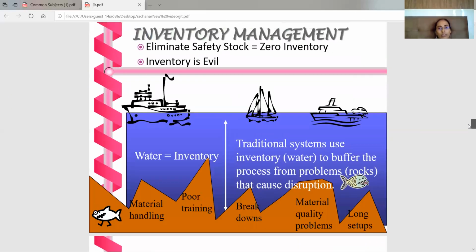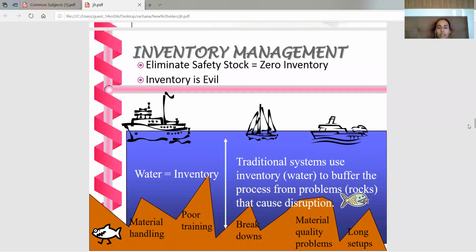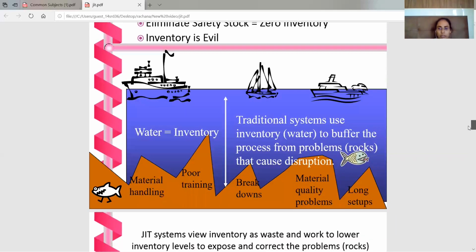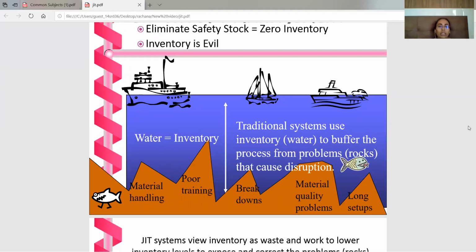The next principle is inventory management. In traditional inventory management, we kept inventory in sufficient amount. In this diagram you will see that problems are considered as the rocks at the bottom of the sea, and inventory creates the water level. Inventory is equal to water level, and the boats or ships are your production organization.